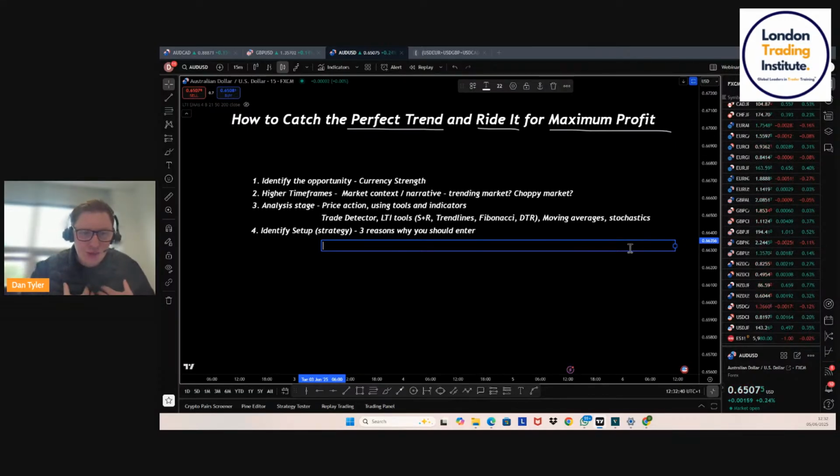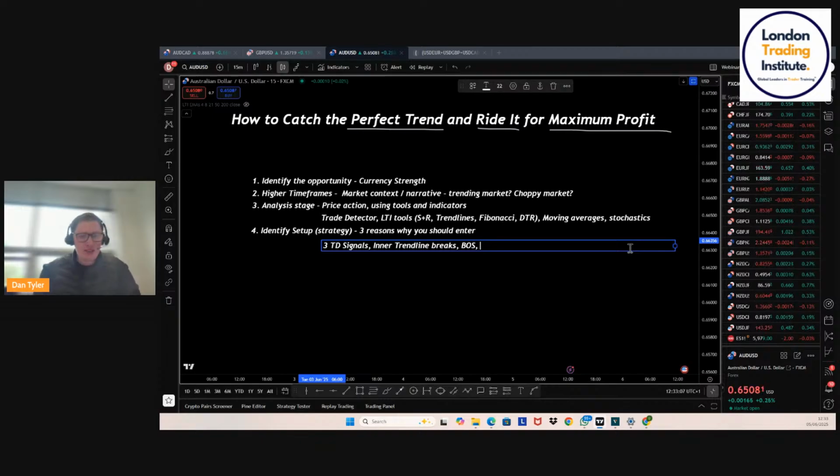So my personal system, we call it the rule of 3. So 3 trade detector signals, which I'll show you. I want to see inner trend line breaks. I want to see breaks of structure.